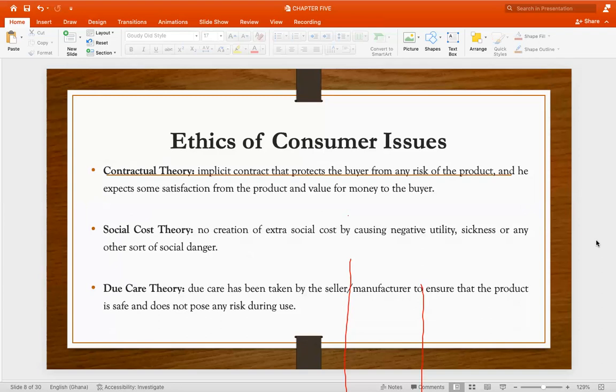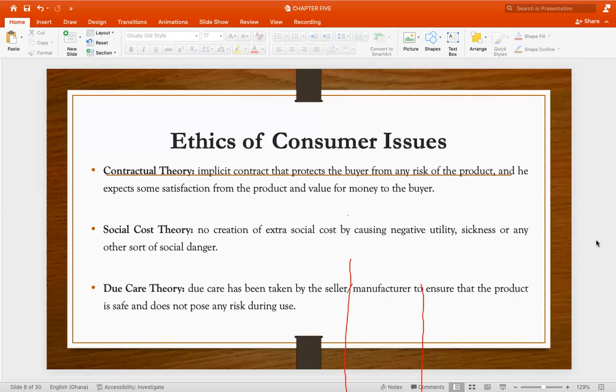When we look at contractual theory, it's about protection of the buyer from any risk of the product. Once the buyer has come to purchase, he is coming to buy a good thing, so he is taken as a third party.